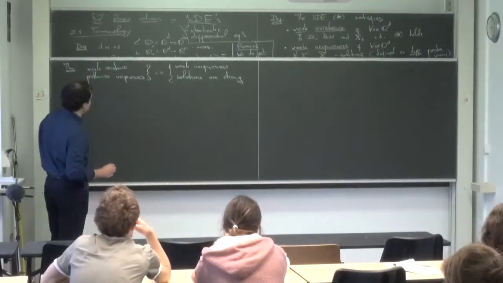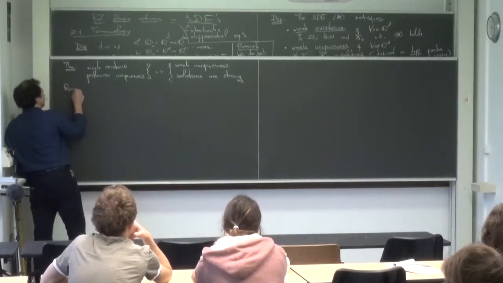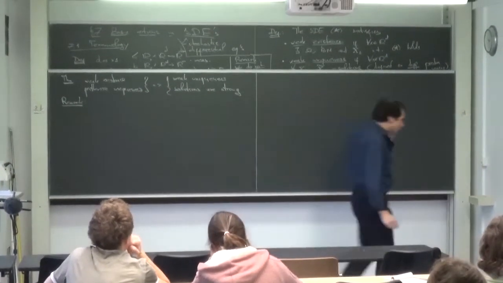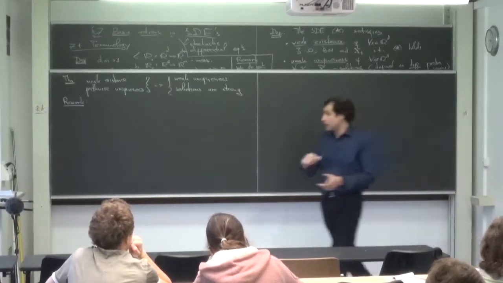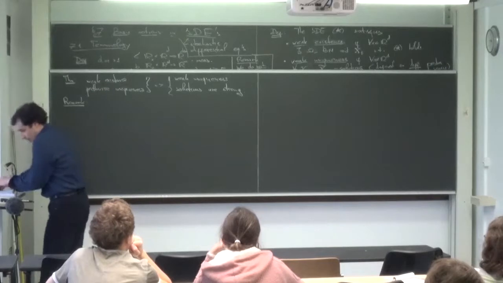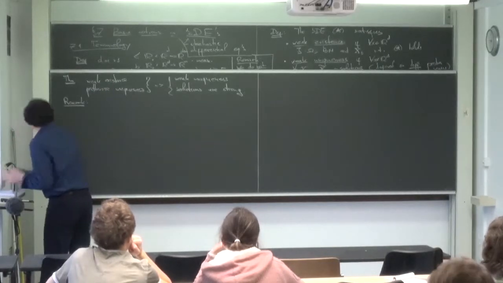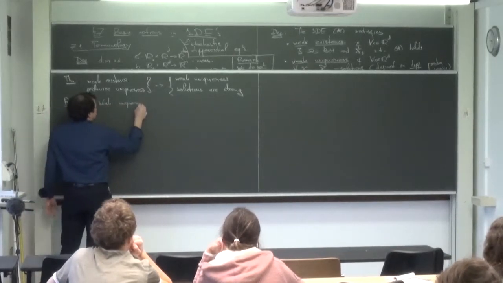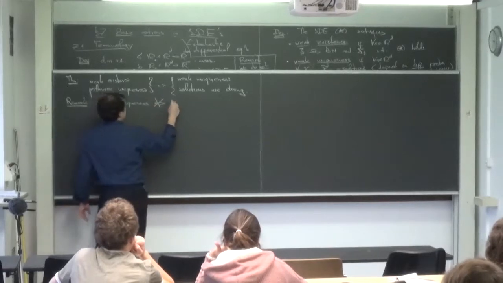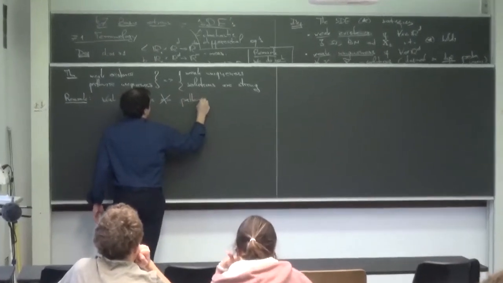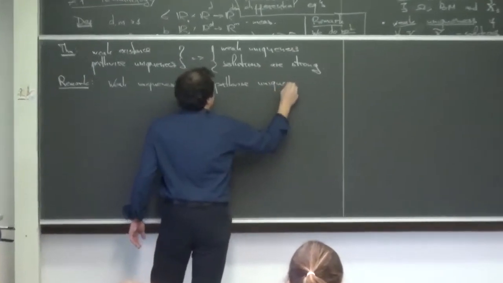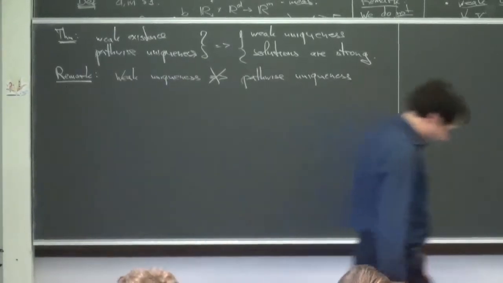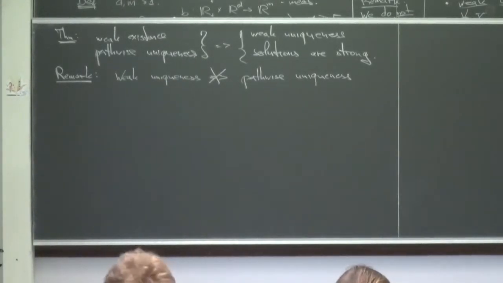And now, just to illustrate what is the difference between the two properties, an example of why this is not the case in the other direction. So let's remark, and in fact, we already saw this example.